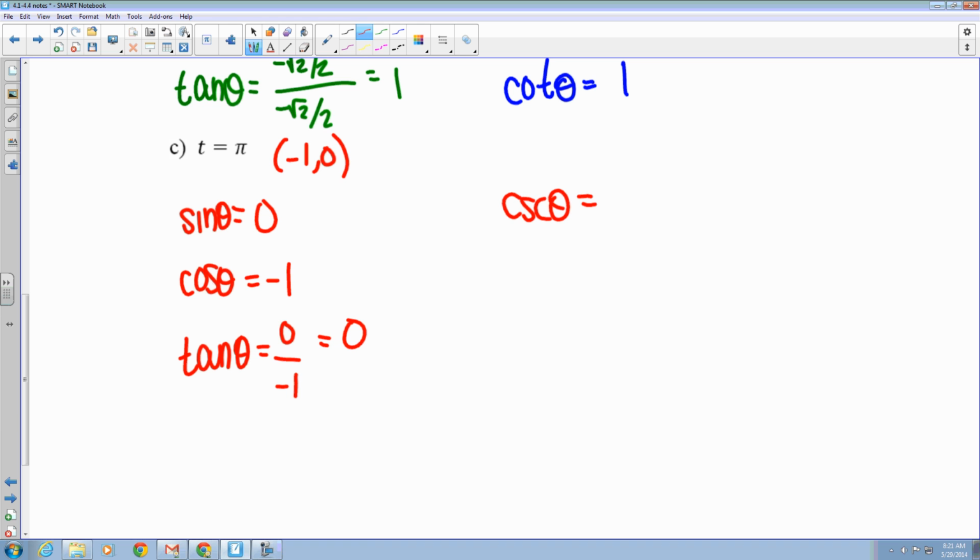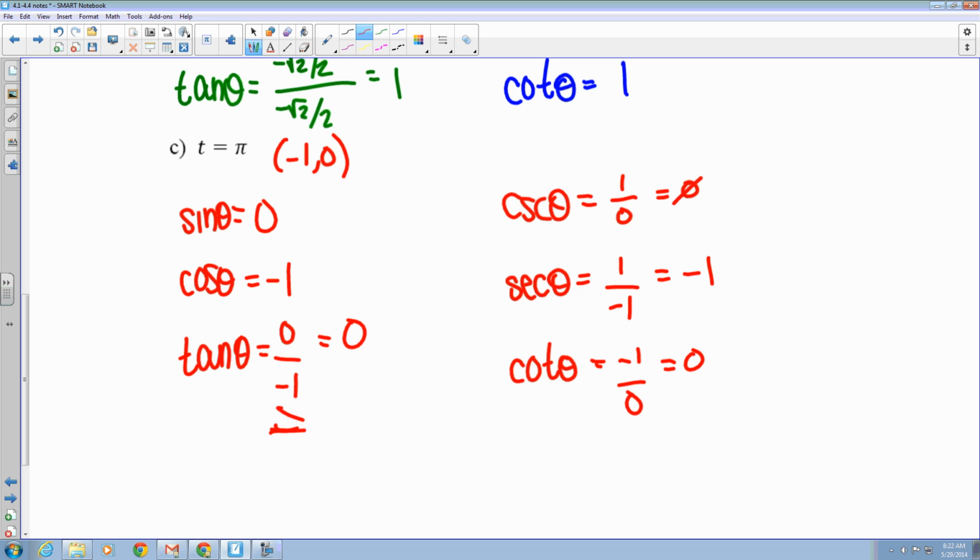Cosecant is the reciprocal, so 1 over sine, which doesn't exist. Secant is 1 over cosine, which is still negative 1. And cotangent, I could flip it from my work right here. So it would be negative 1 over 0, which also does not exist, undefined.